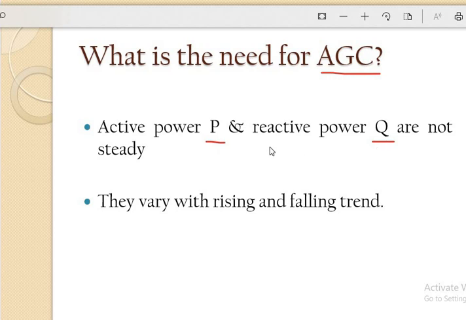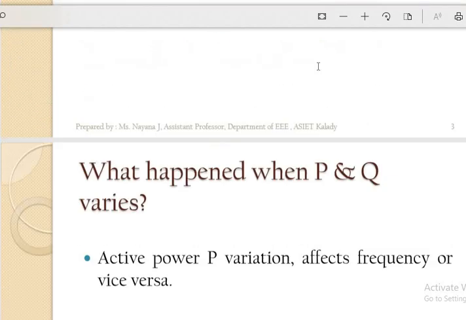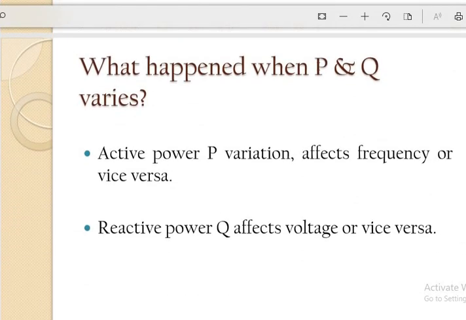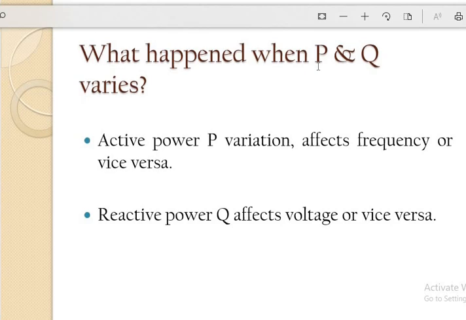So it is always required to continuously monitor this active power P and reactive power Q. For that we need some control aspect which will control the active power P and reactive power Q automatically. That is automatic generation control. Now we will see in detail what is automatic generation control later.